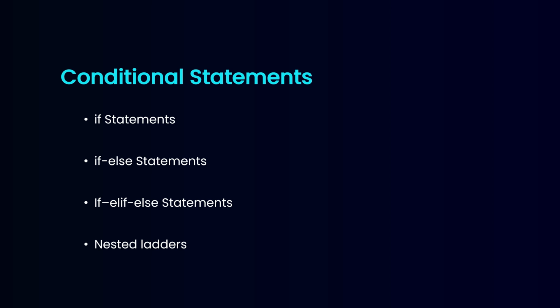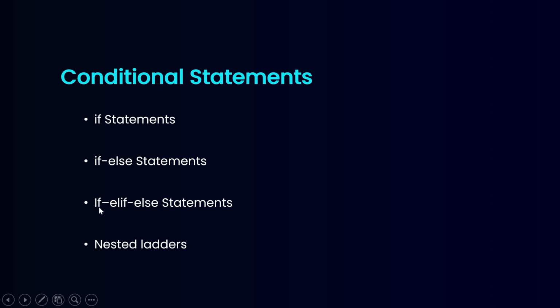Like there are if statements, which define that if a block returns true, then this block of code will be executed. And we have if else, where if a certain condition holds, the block of code will be executed, else the other part of the block will be executed.